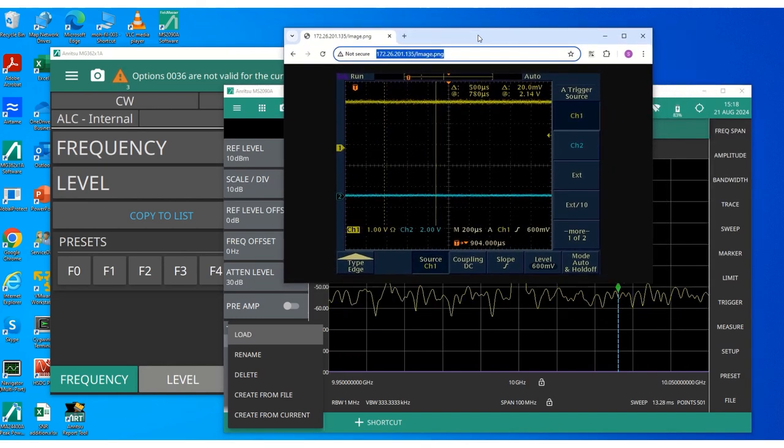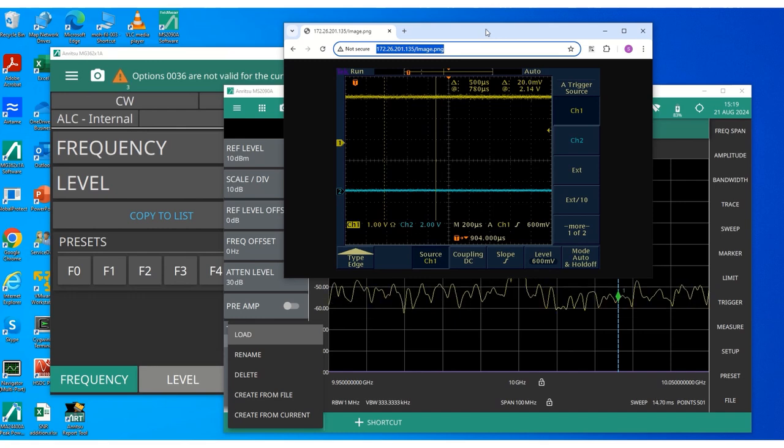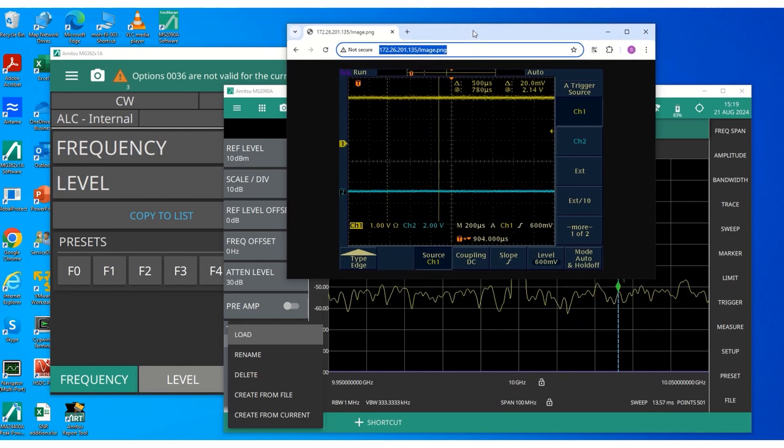This is oscilloscope GUI. It is not fully functional GUI in the sense that we can't make configuration settings on this GUI. All we are doing here is accessing a page published by oscilloscope located at its IP address.